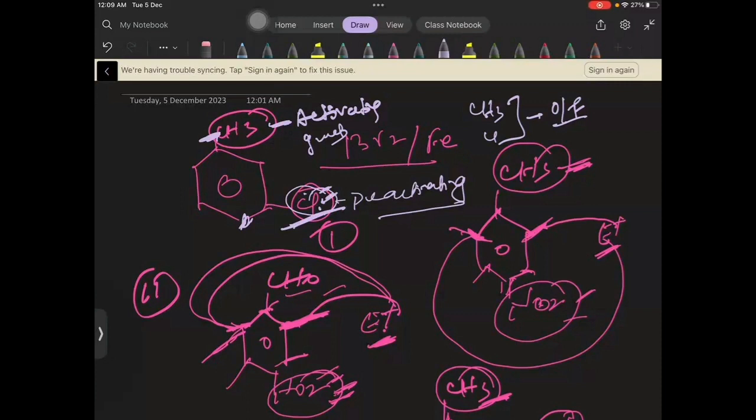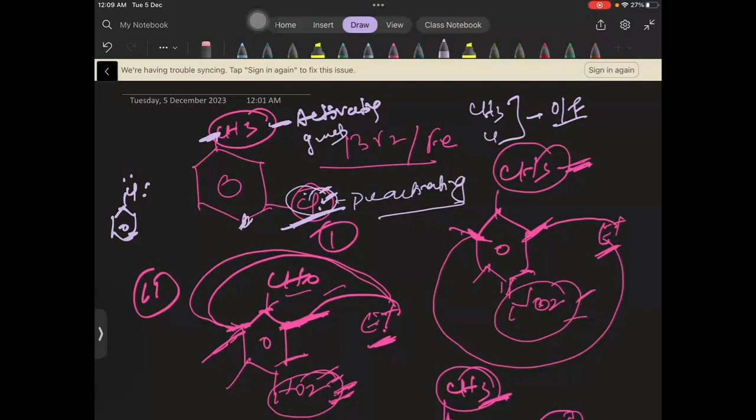Okay, so as you remember, when chlorine is attached to the benzene ring, two effects operate. One is the resonance effect, the second is the inductive effect. Although 99% of the time resonance is stronger than the inductive effect, when chlorine is attached to the benzene ring, the inductive effect is stronger than the resonance effect. It is very, very interesting.